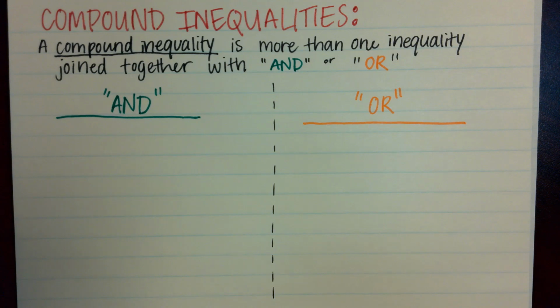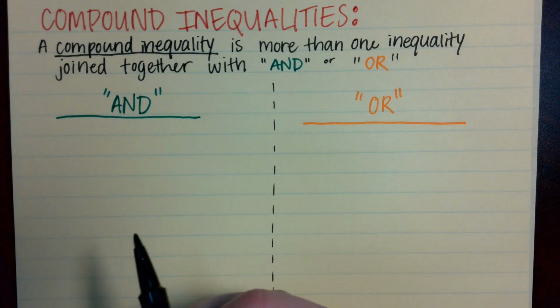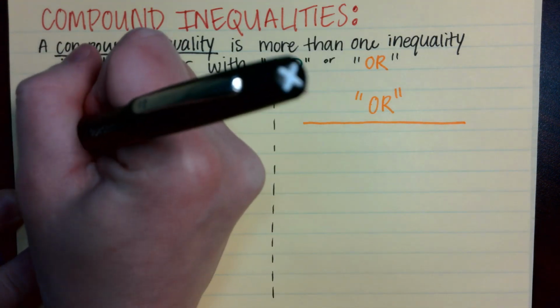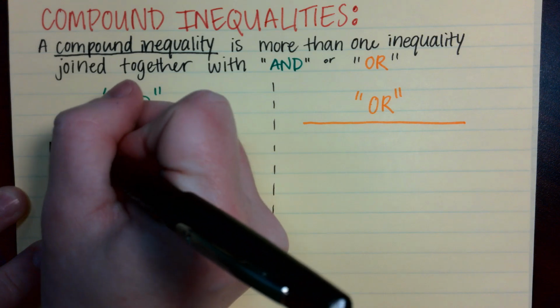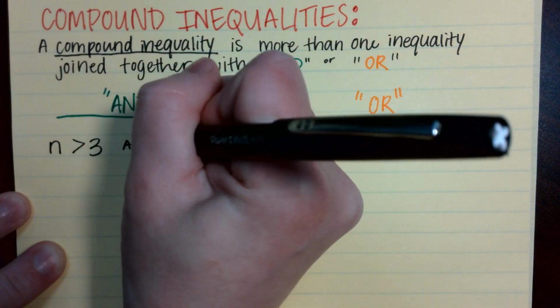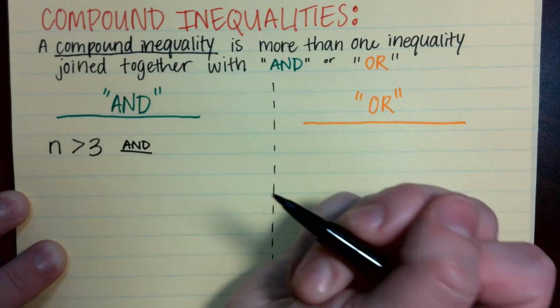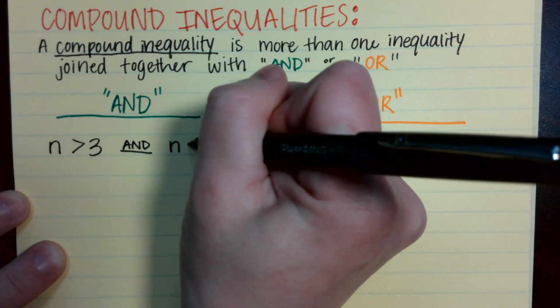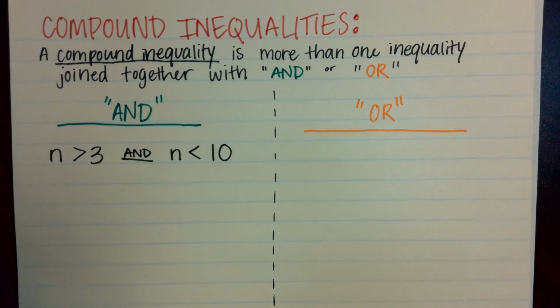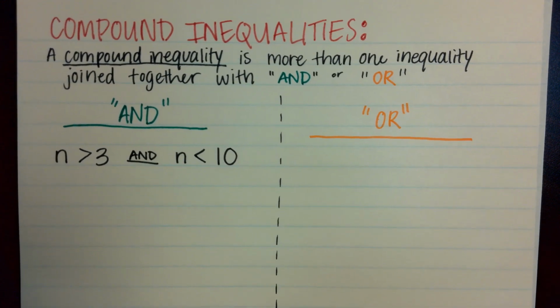When you are asked to graph a compound inequality that has and in it, it might look something like this. N is greater than 3 and n is less than 10. So there's what the number sentence itself is going to look like. N is greater than 3 and n is less than 10.